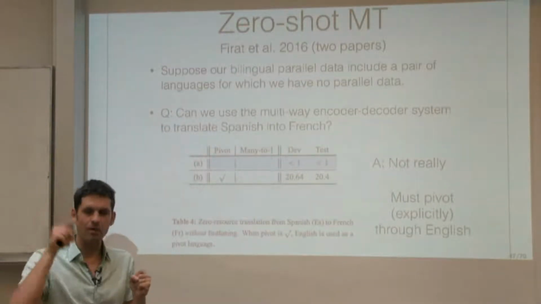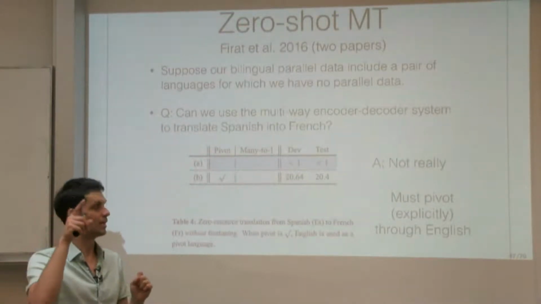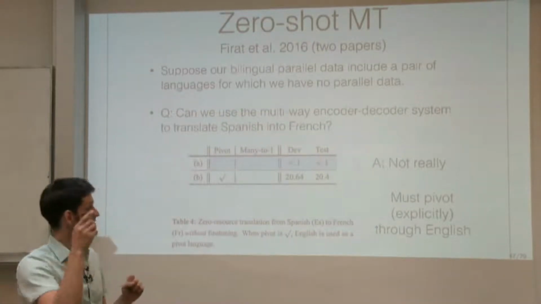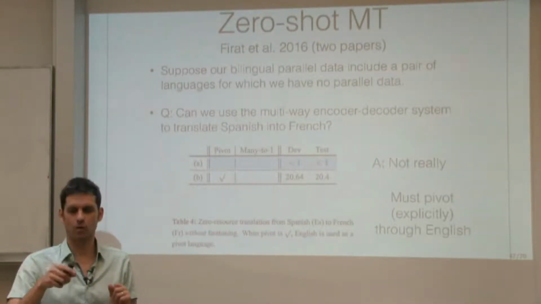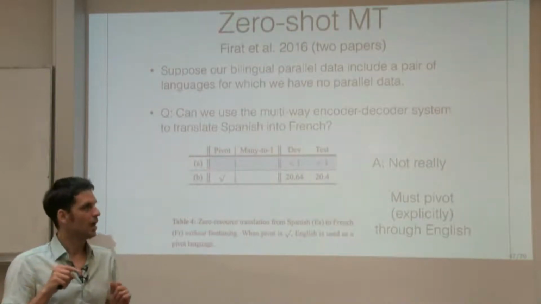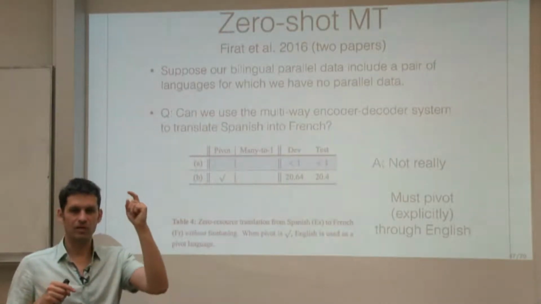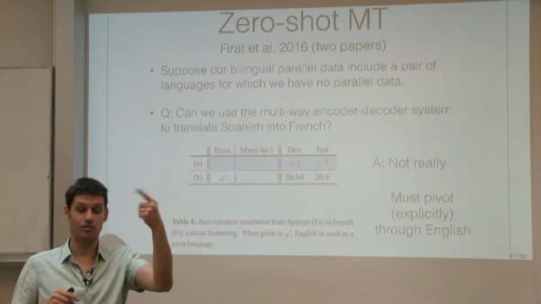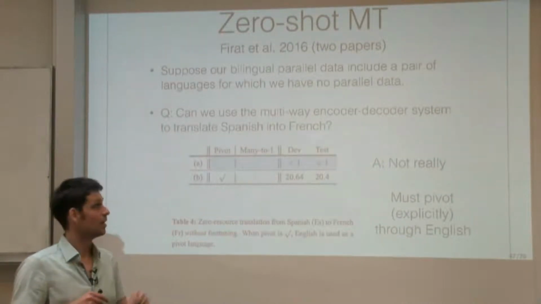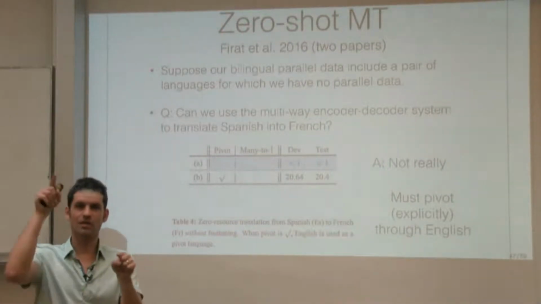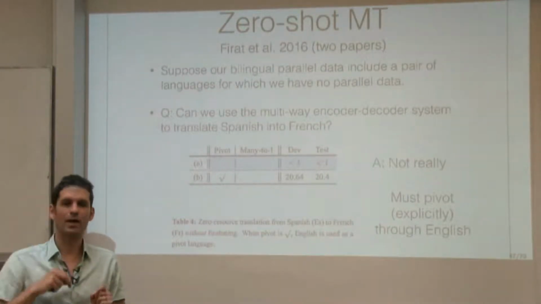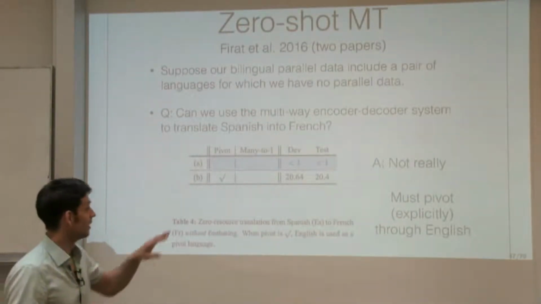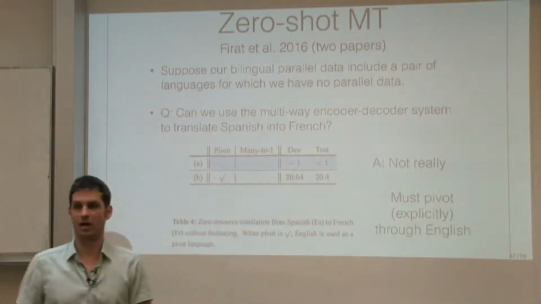They were trained so that the Spanish encoder was always trained with the English decoder, and the English encoder was always trained with the French decoder, and then you try to use the attention in a way in which it was never used. It doesn't work at all.